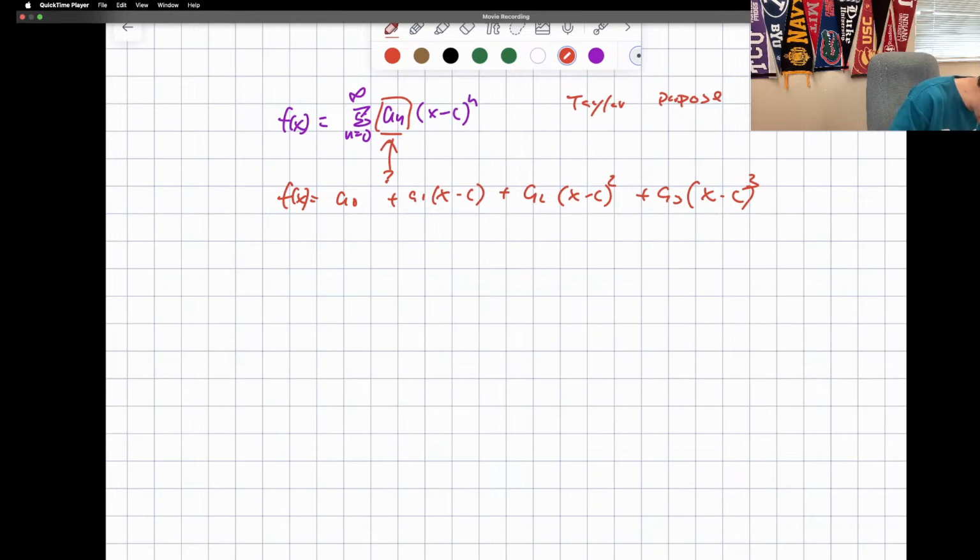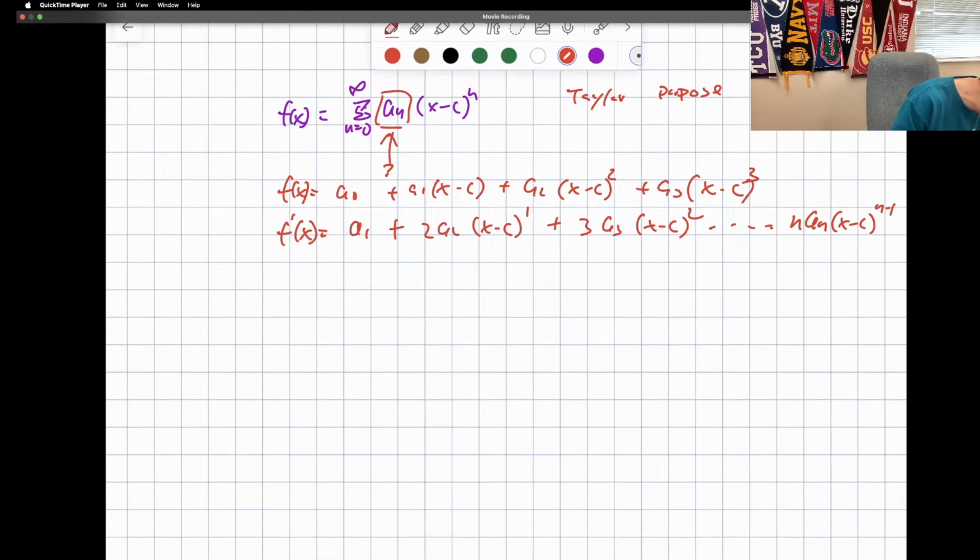So we list the first few derivatives. In the first derivative, a0 goes away and a1 becomes the main character, and there's 2a2 times (x minus c) to the 1, plus 3a3 (x minus c) squared. Does that make sense? And that becomes n a_n times (x minus c) to the n minus 1. Is that okay?